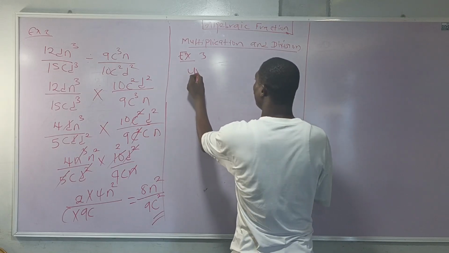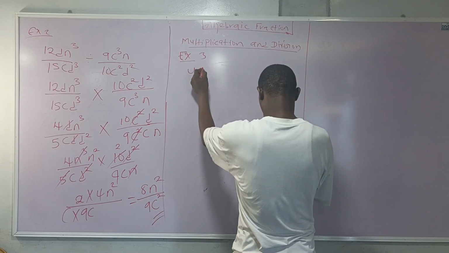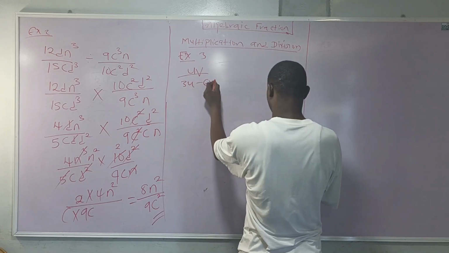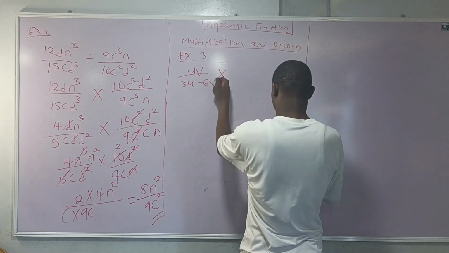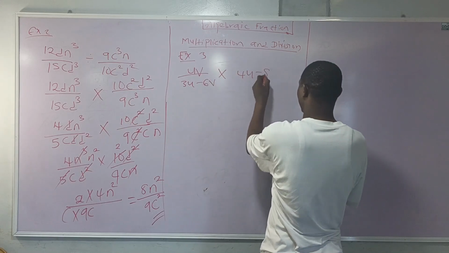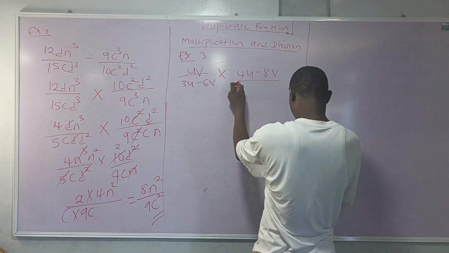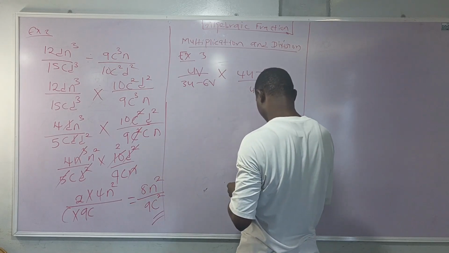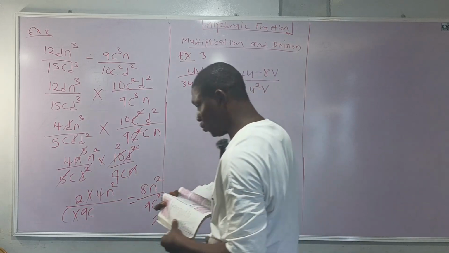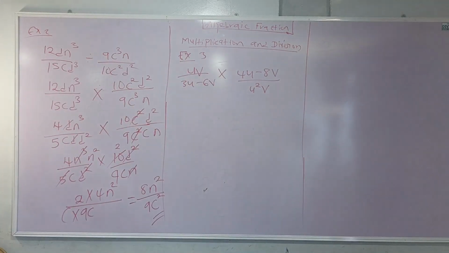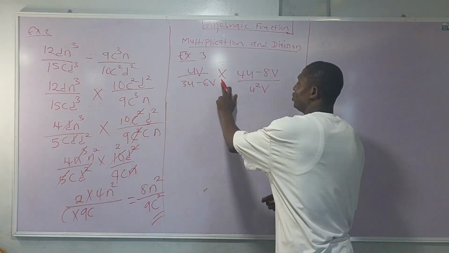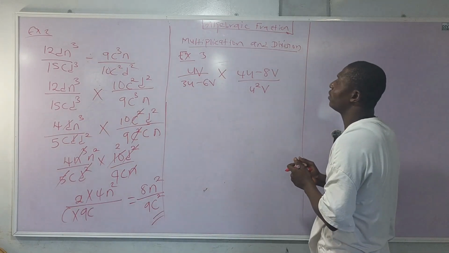If I have uv all over 3u minus 6v times 4u minus 8v all over u square v, and we're asked to what? Simplify. This is already a multiplication, so I just try to factor out what's common.